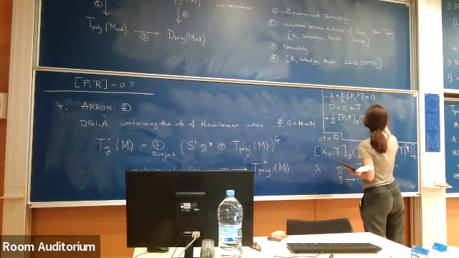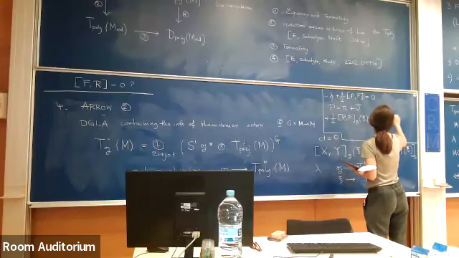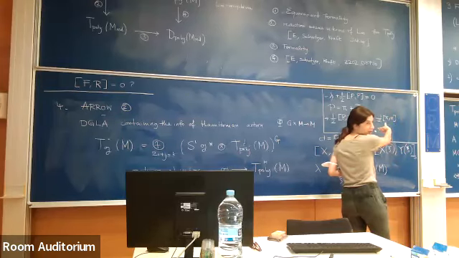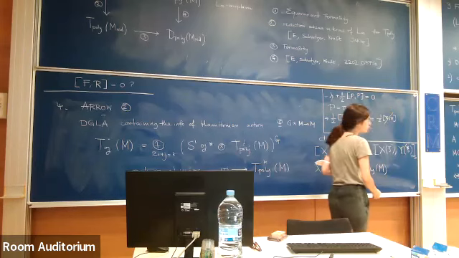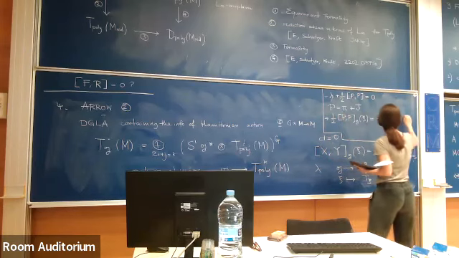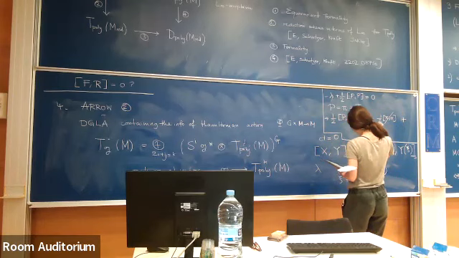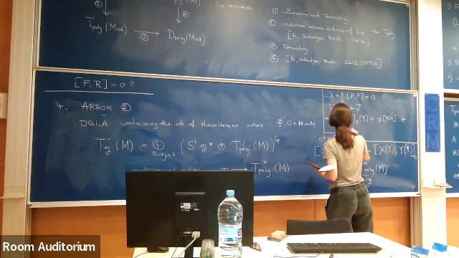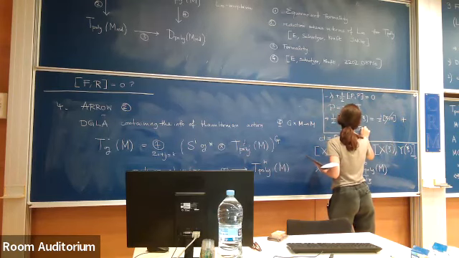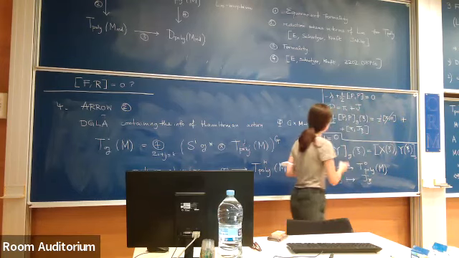So I have this is Poisson, so it goes to 0. Then I have pi and j.